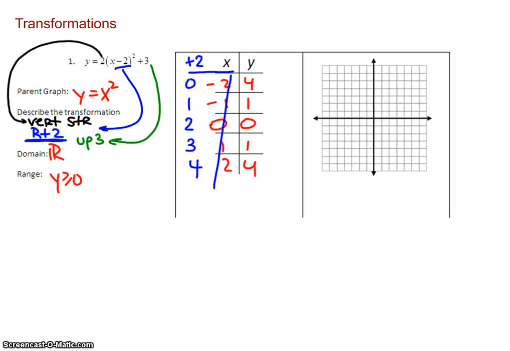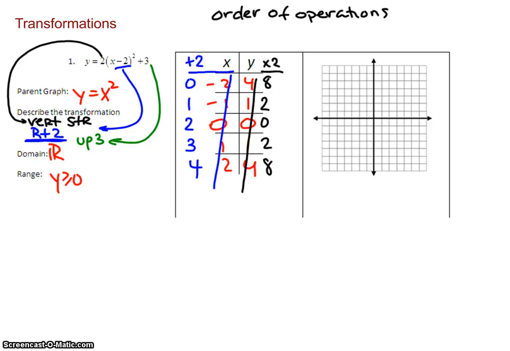Well, it's still follow your order of operations. Okay? Order of operations tell you to multiply before you add. So the first thing I'm going to do is multiply by 2. Then I can do my addition, subtraction. Then I'm going to add 3. Okay.